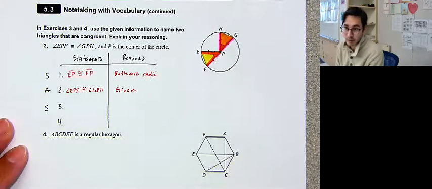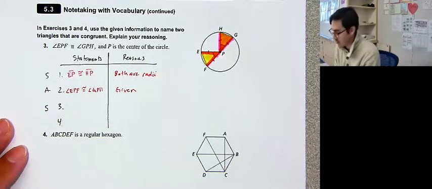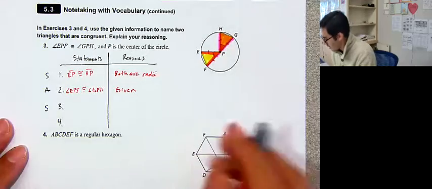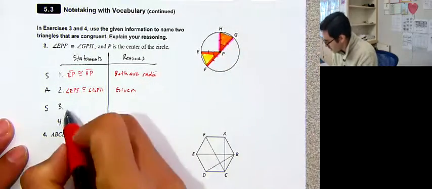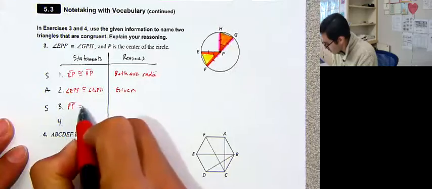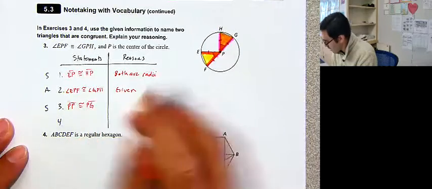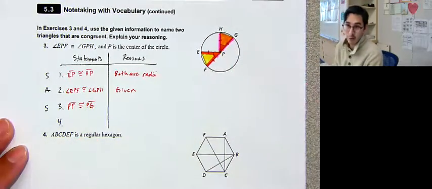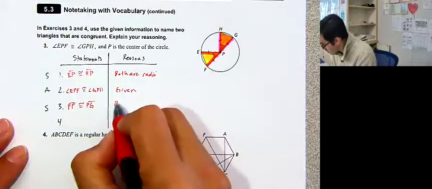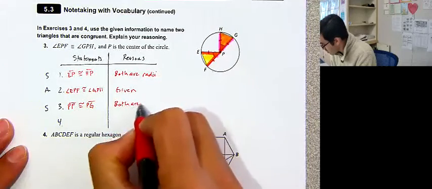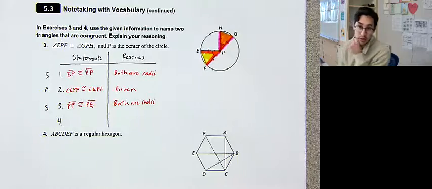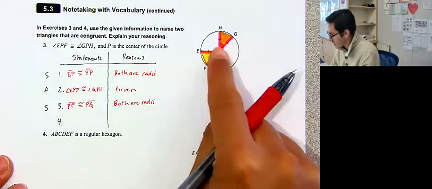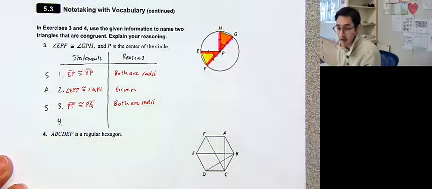The plural of radius is radii. Then we can say that PF is congruent to PG. Again, both of those are radii of the circle, and radii are always congruent, or equal in length. So we've got that side angle side pattern.